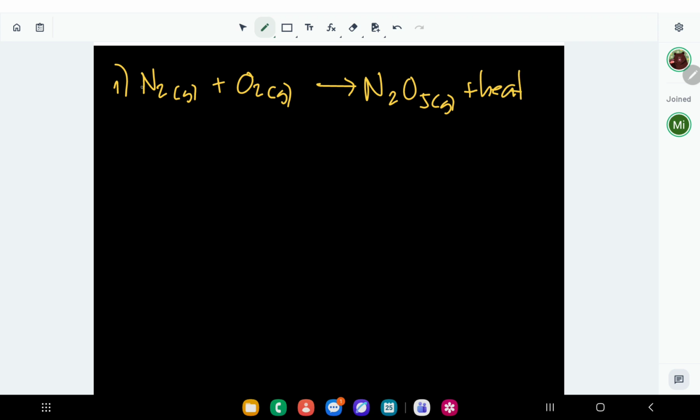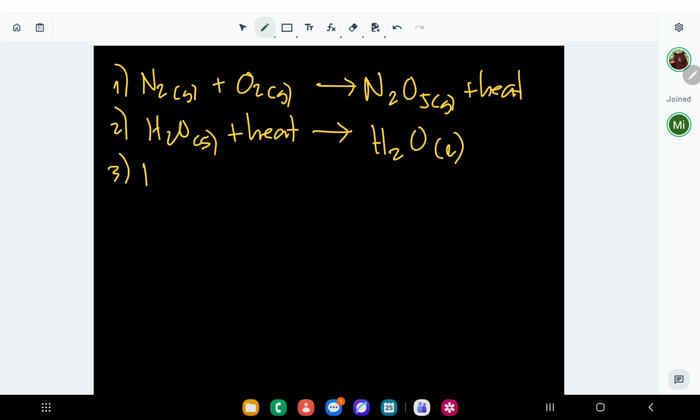For number 5, from the following equations, select those that tend to be spontaneous. So which ones here are spontaneous? We have nitrogen gas and oxygen gas giving 2NO gas, with delta H positive 180.6. Then water solid plus heat gives liquid, this is melting.